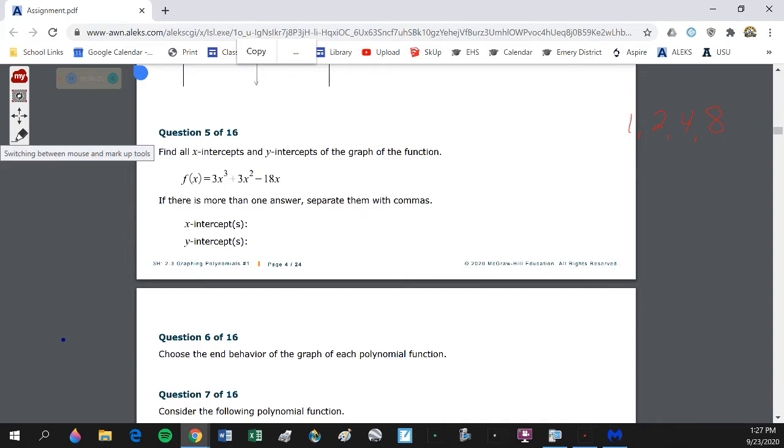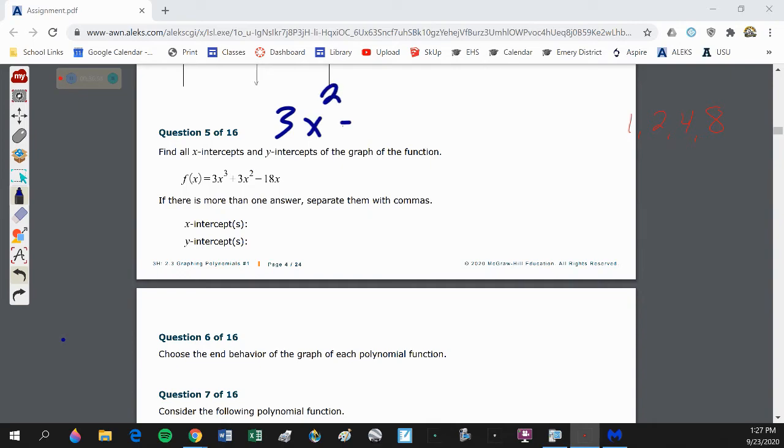Oh, look at this one. That one, number 5, is easy. Because I know what number works. 0. How do I know 0 works? There's no constant. So I'm just going to get rid of an x. And I get 3. I need 3x squared plus 3x minus 18. Pull out a 3. X squared plus x minus 6.